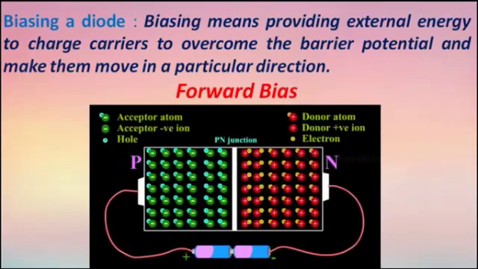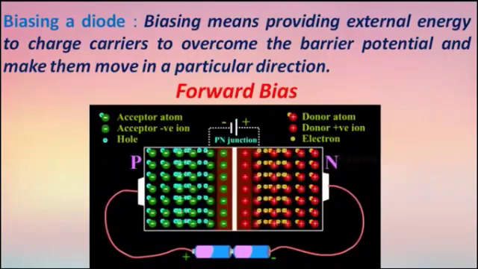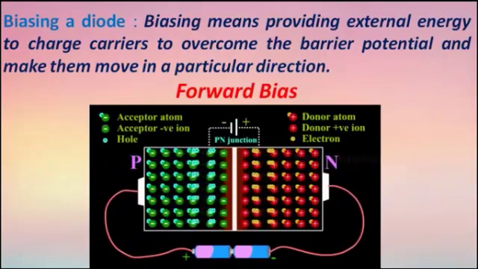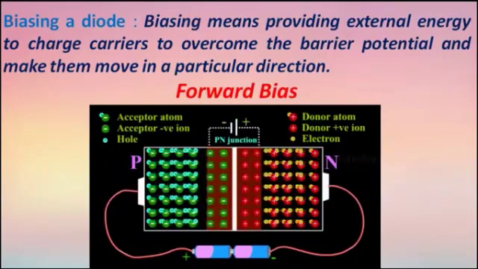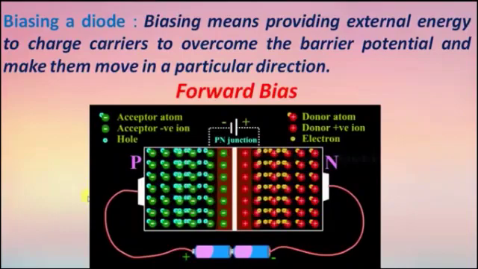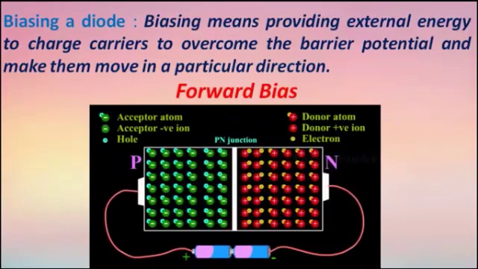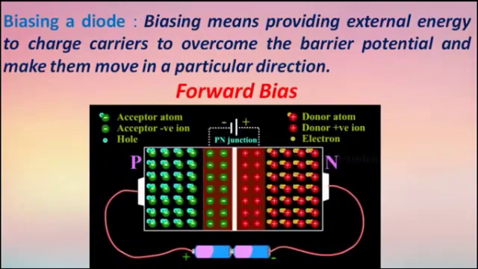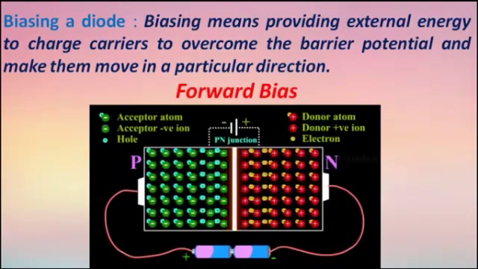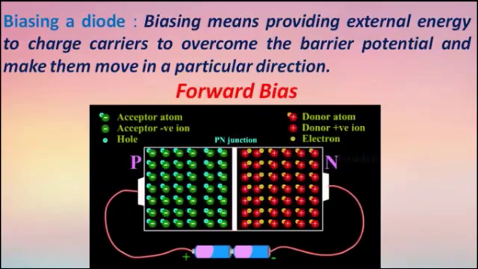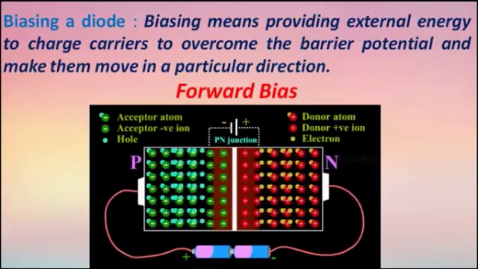The electron from the N side is accelerated towards the P side and experiences a reduced barrier potential at the junction. The accelerated electron also experiences a strong attraction by the positive potential applied to the P side.